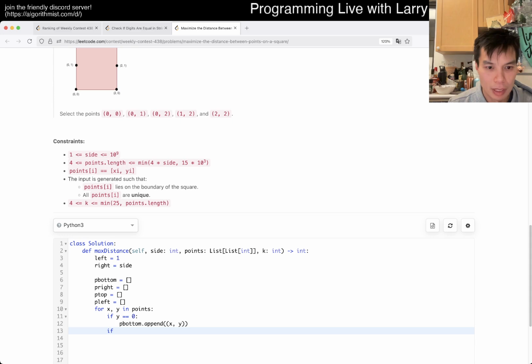If x is equal to side, then it is on the right.